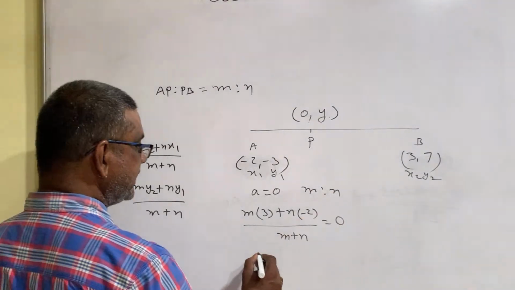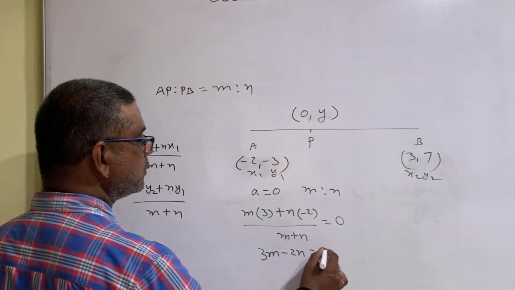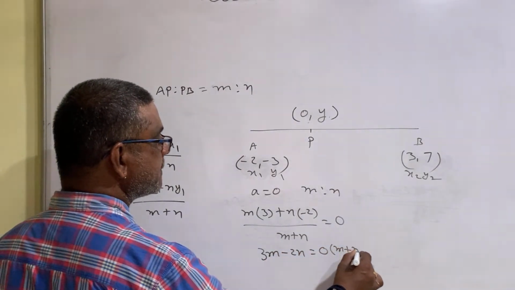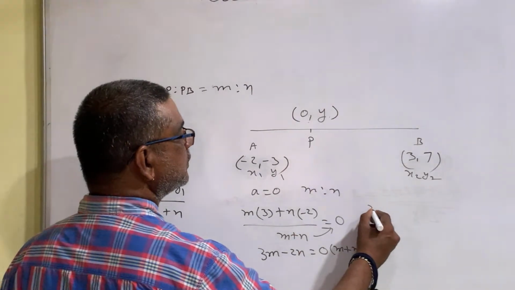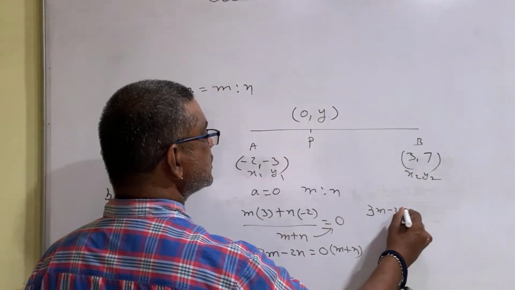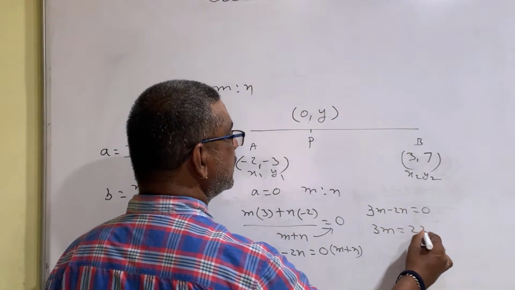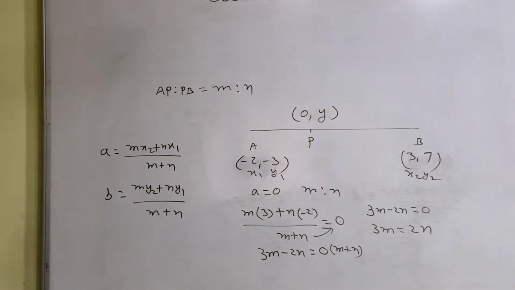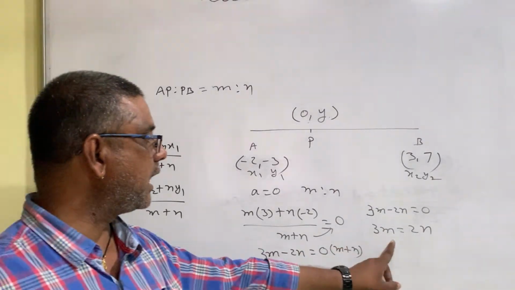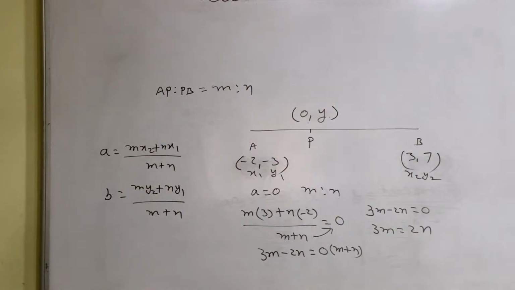Now send this to that side. 3m minus 2n is equal to 0 into m plus n. 0 into m plus n becomes 0. 3m minus 2n is 0. 3m is equal to 2n. Now can we find out m by n? We got 3m is equal to 2n.